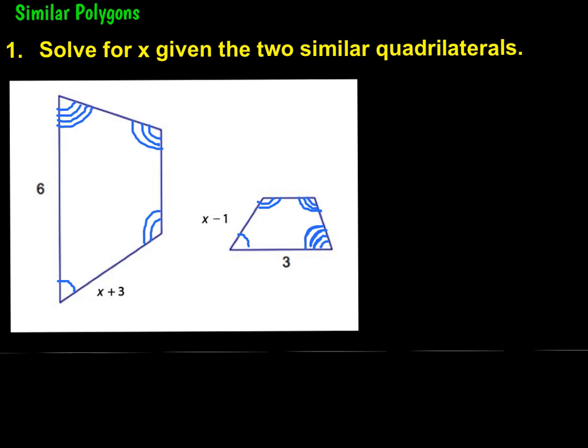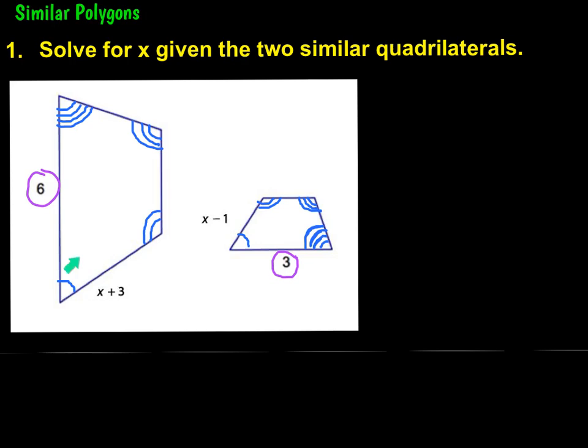So what you want to do first is find the sides that you know will go together, or the two sides that are similar. So I know that 3 and 6 would be what we call proportional. And I know that because of the angle marks.